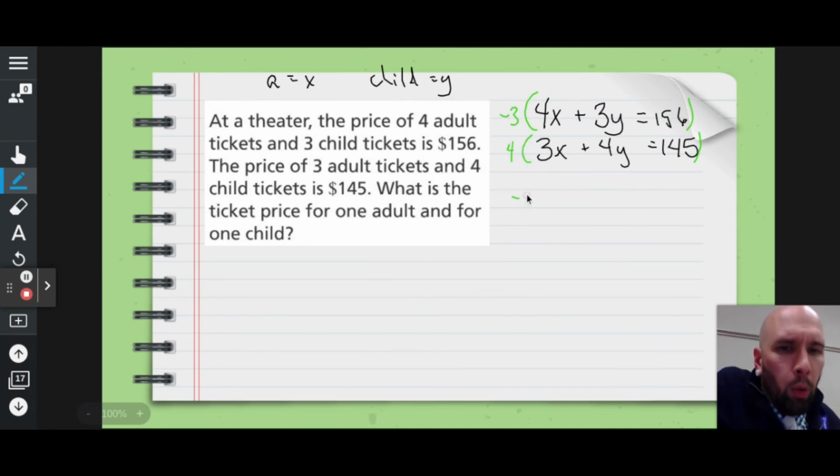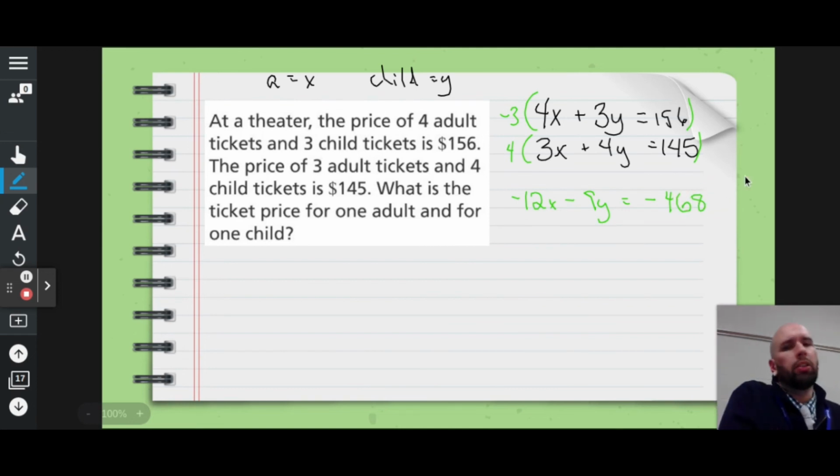The top equation becomes negative 12x minus 9y equals negative 468. Negative 3 times 156, negative 468.